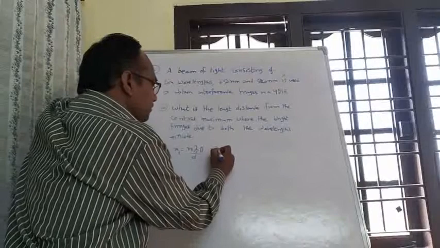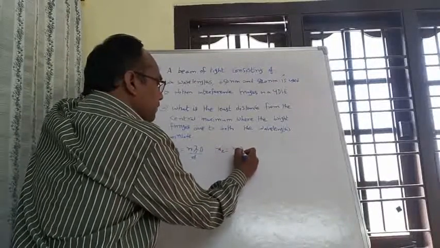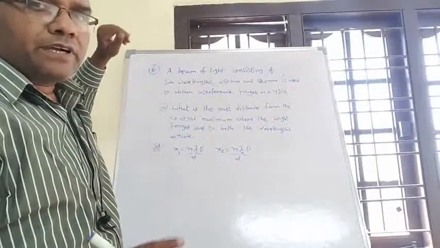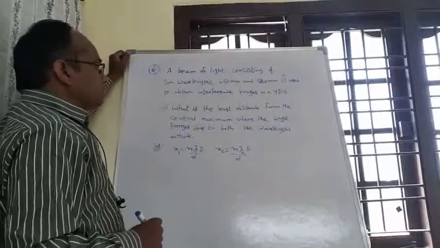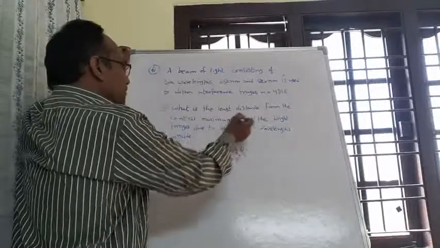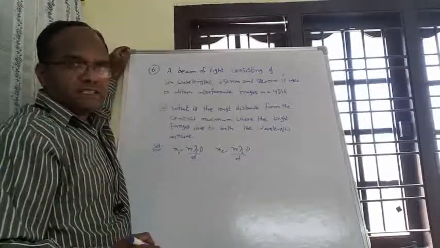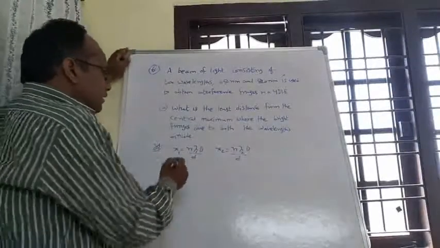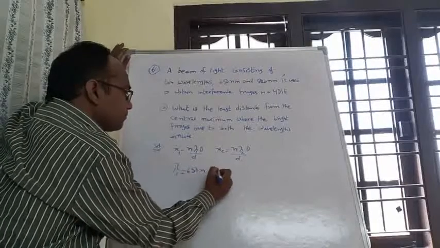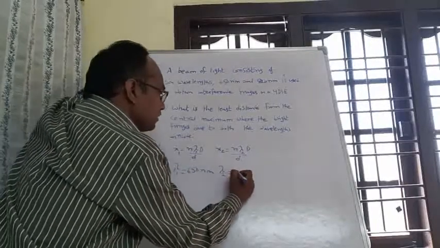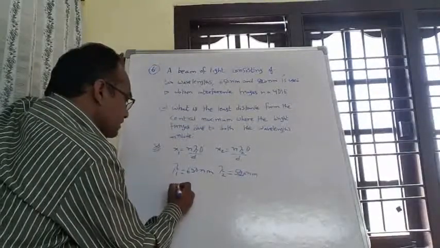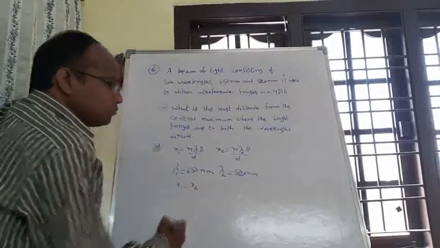Similarly, x2 is equal to n2 lambda 2 D divided by small d. When they coincide, they said least distance from the central maximum where the bright fringes due to both wavelengths coincide. Lambda 1 is 650 nanometer. Lambda 2 is 520 nanometer. They are saying X1 is equal to X2, both coincide.